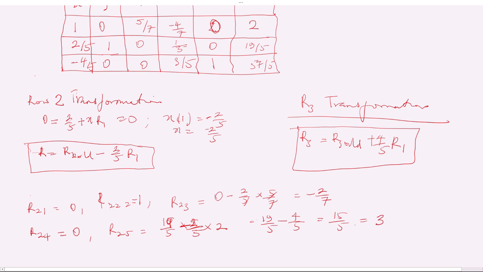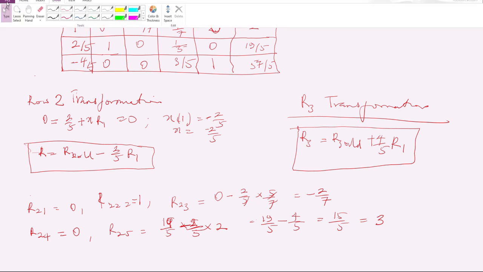Okay, so those are the values for the new row 2. Then let me zoom up a little bit.